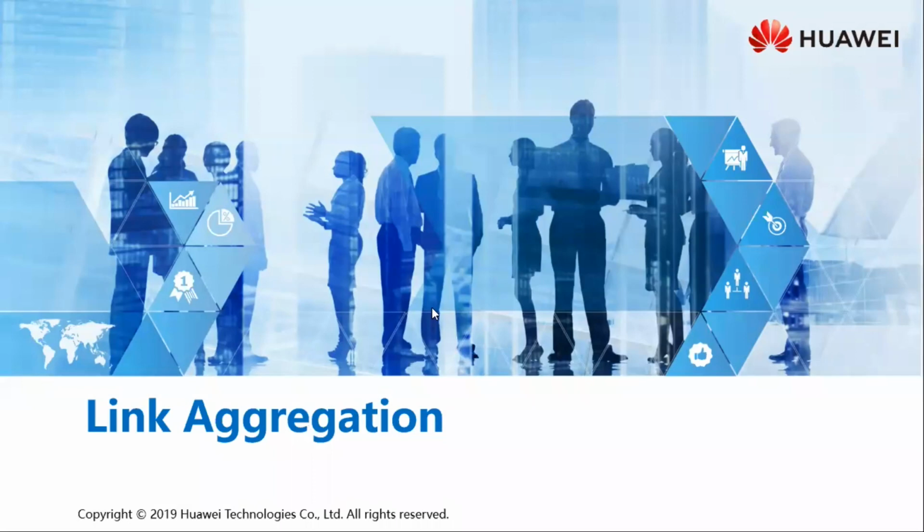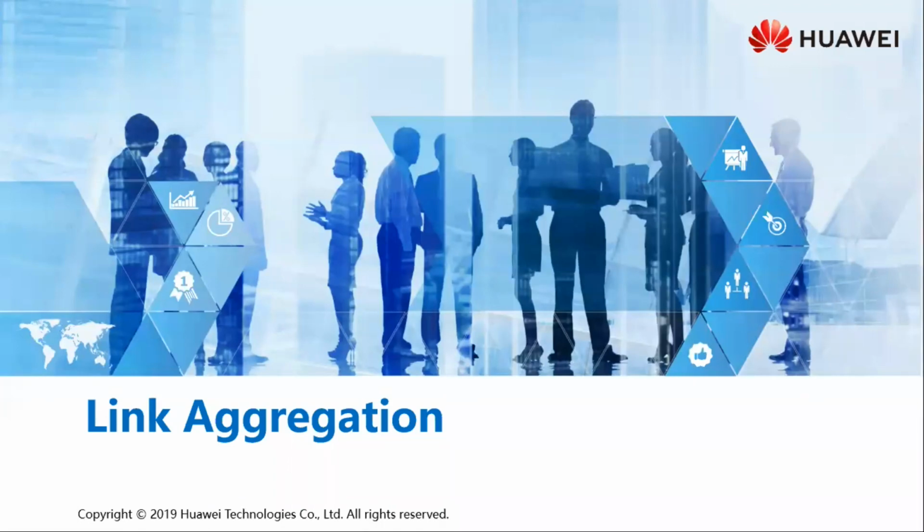So link aggregation, the topic is link aggregation, is going to help us understand how we can combine multiple physical links so that they can act as a single logical link.